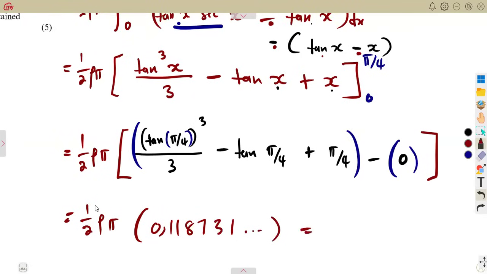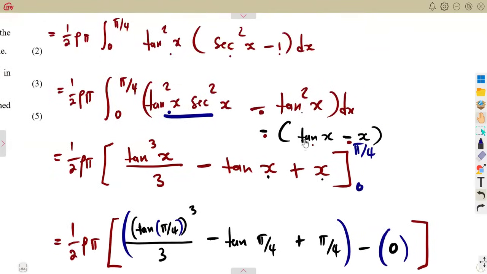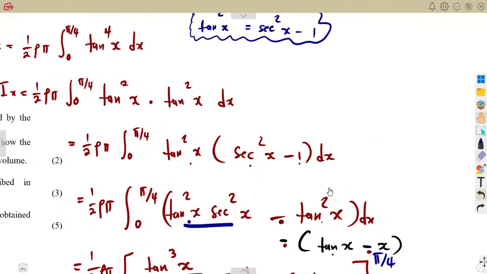So multiply this by 1 over 2 times pi. If you multiply by 1 over 2 times pi, it is going to be 0.187 times the density that is remaining there, to the exponent of 5. You are not told to write this in terms of the mass. We just calculate the moment of inertia when that whole area is rotated about the x-axis.